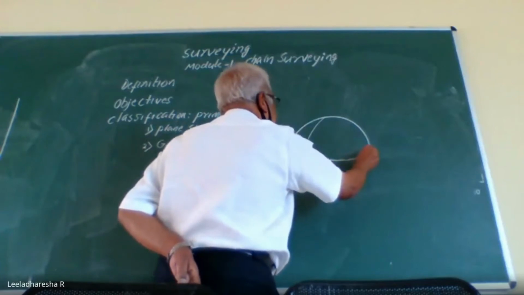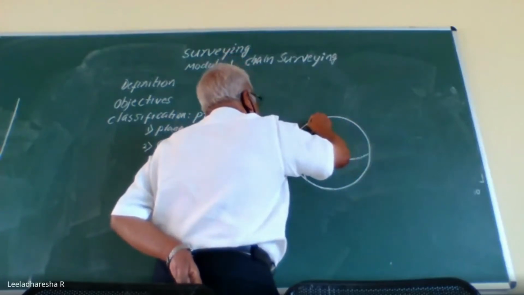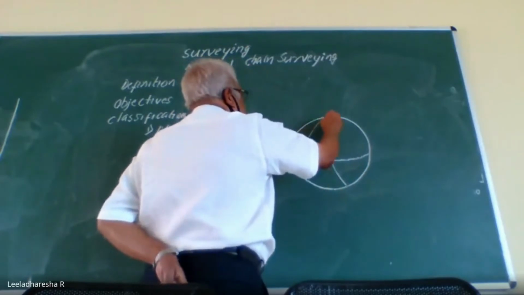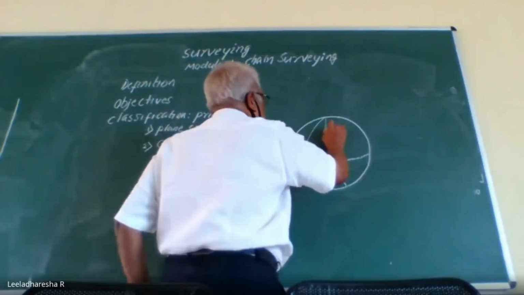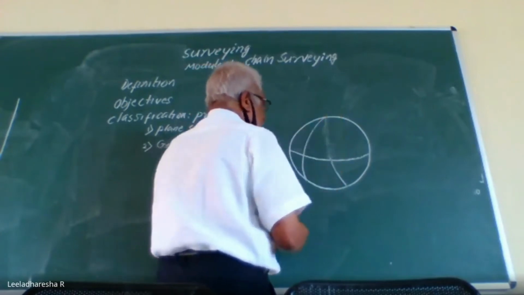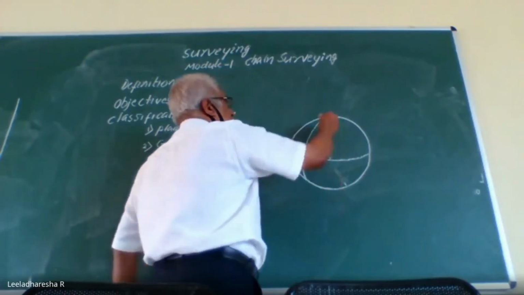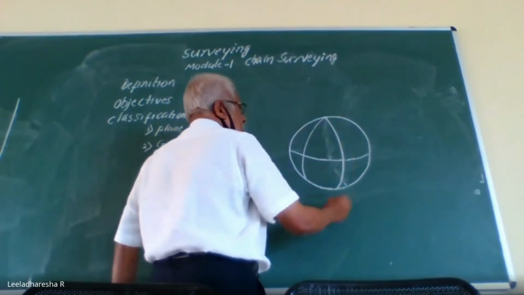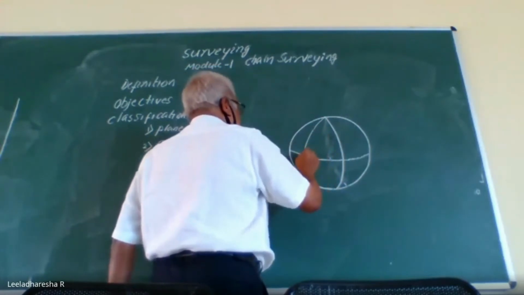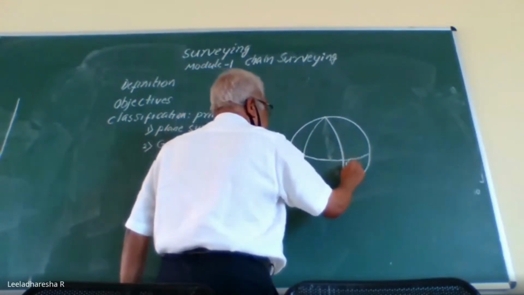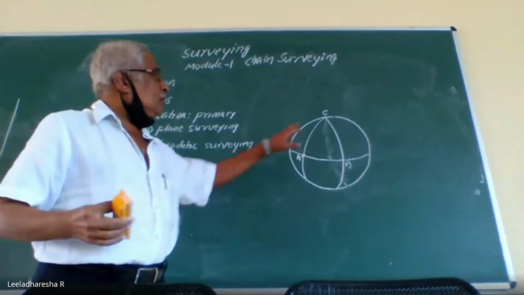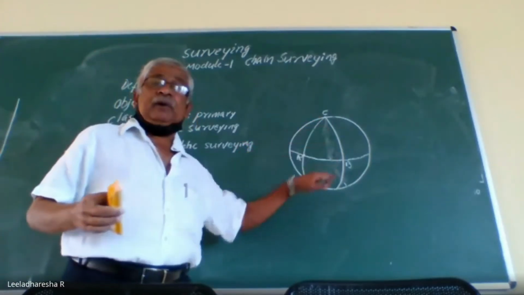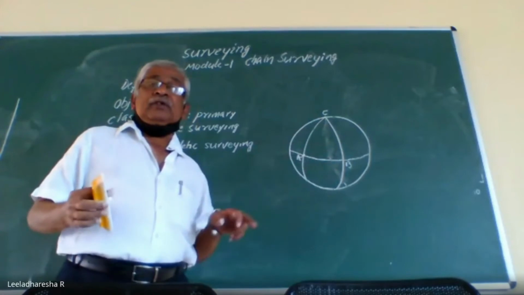Another difference: say I am considering two or three points on the surface of the Earth, point A, point B, and point C. In geodetic surveying, they form a triangle with a spherical shape.